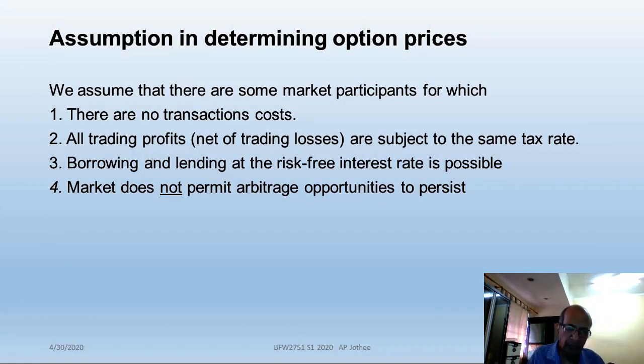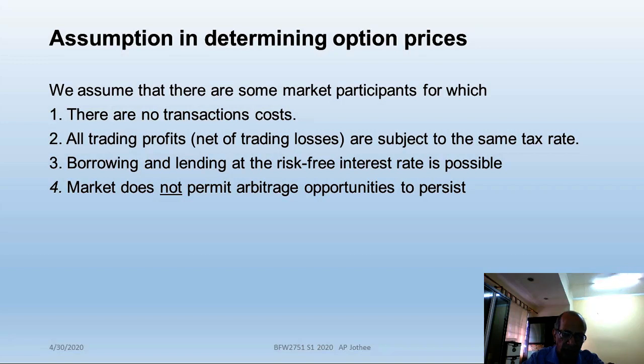As I told you, we'll explore the assumptions in determining the option prices. As usual, we have to assume a few things. We assume there are market participants for whom there are no transaction costs or commissions. Number two, net trading profits or losses are subject to the same tax rate.